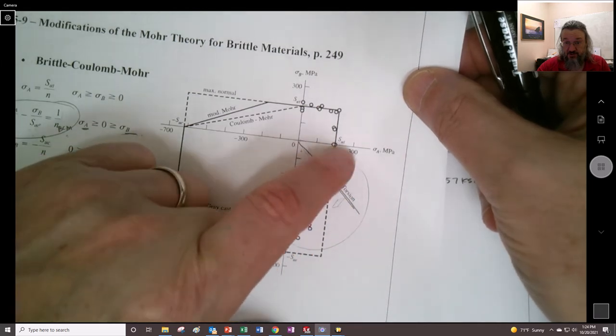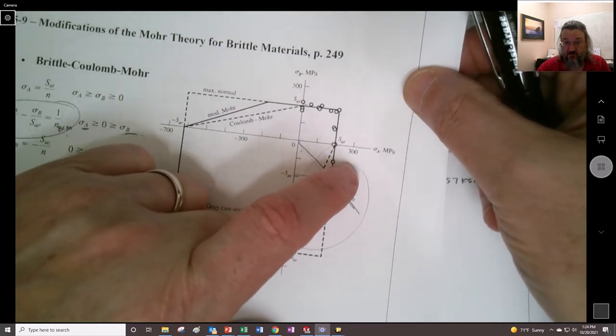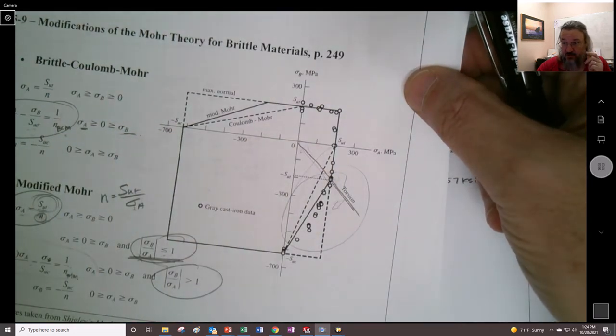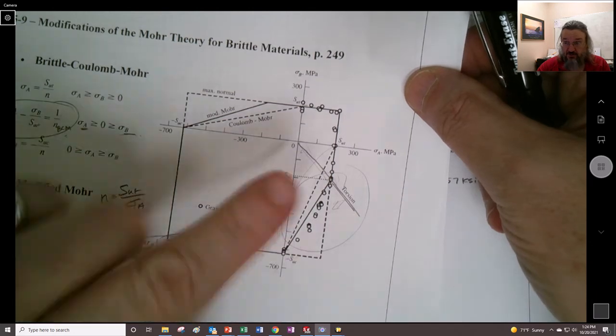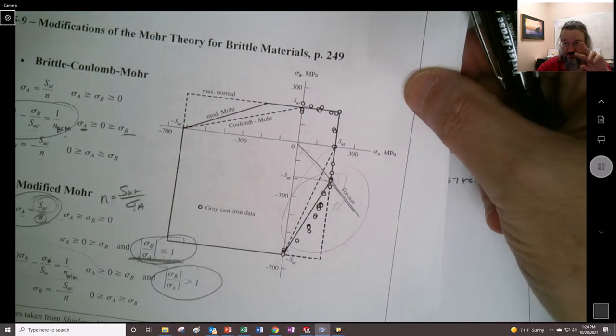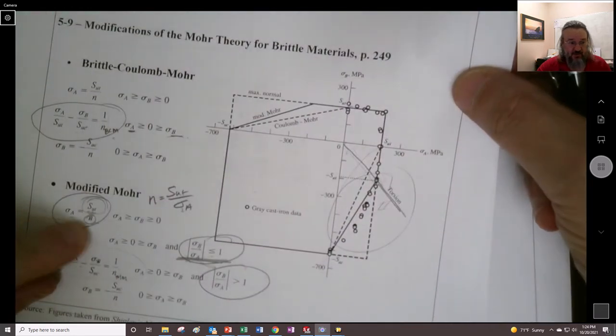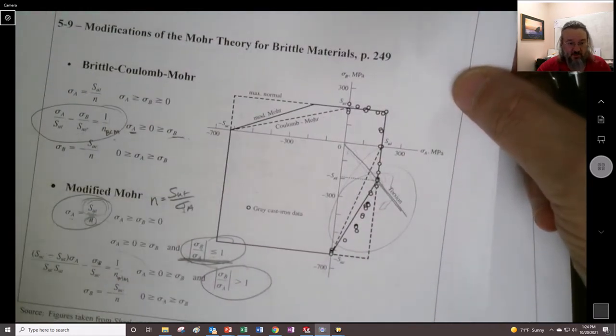Above this, for modified Mohr, we just take the ratio of the larger principal stress, sigma A, and the ultimate tensile strength. Actually, the other ratio the other way around. The ultimate tensile strength divided by sigma A is the safety factor. That's what they say right there.